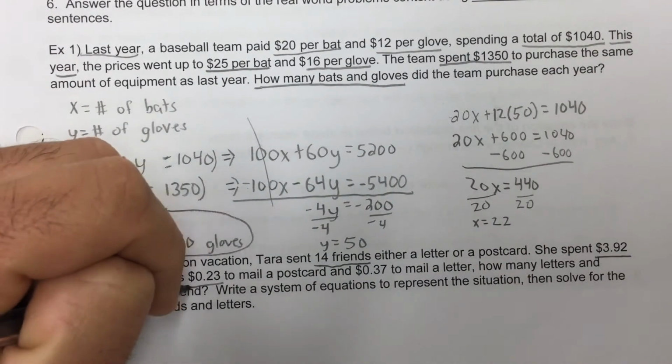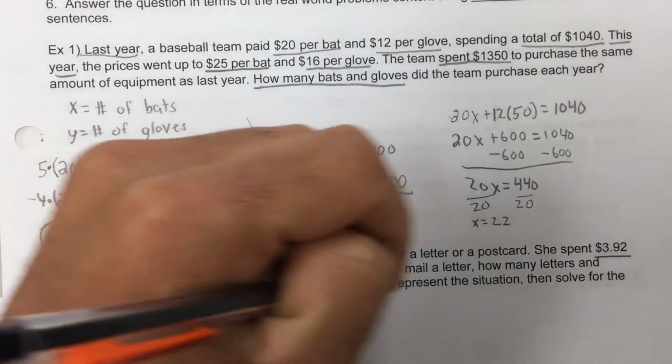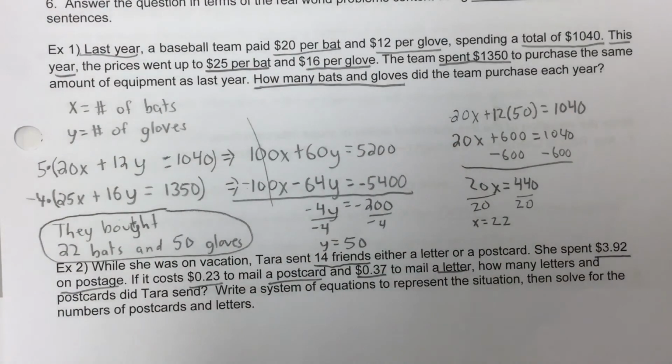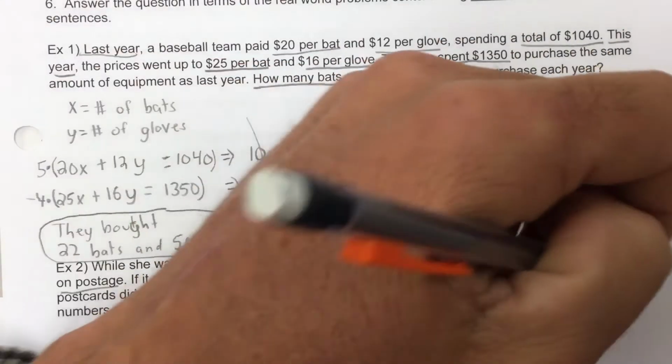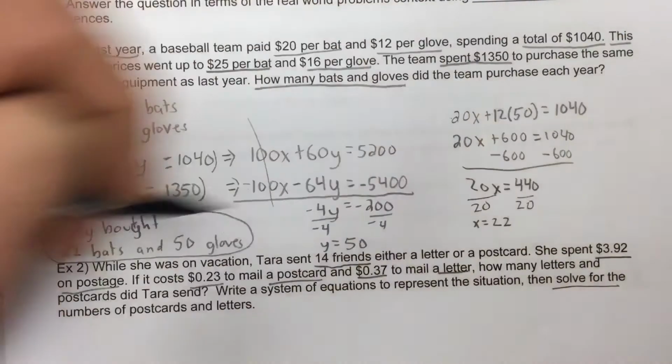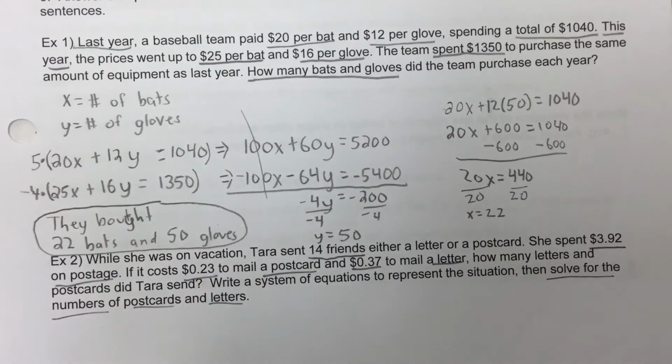If it cost 23 cents to mail a postcard and 37 cents to mail a letter, how many letters and postcards did Tara send? And we are going to write a system to represent the situation and then solve for the numbers of letters and postcards.